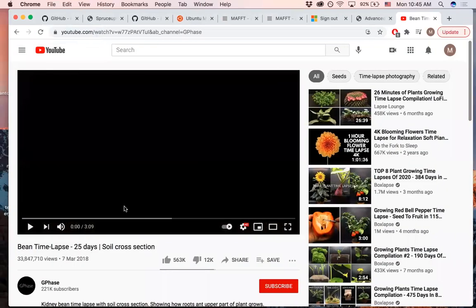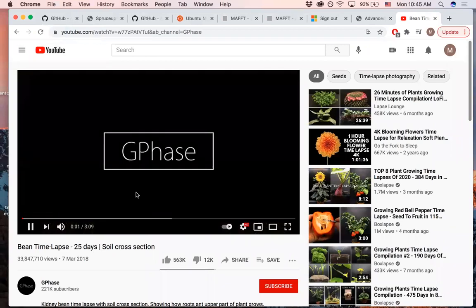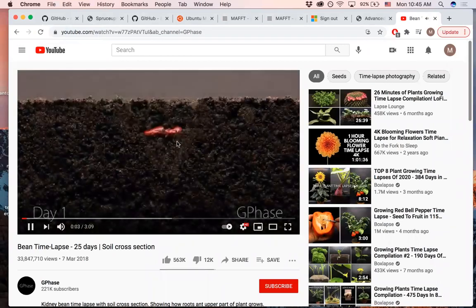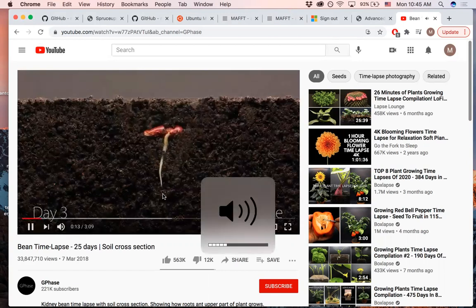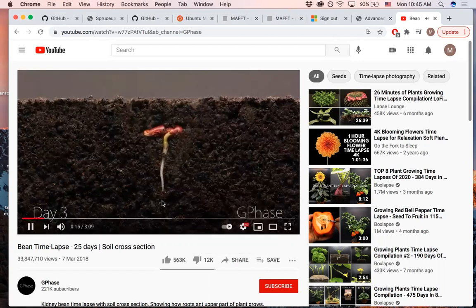I have a video of beans growing. This is just showing you how the root cap basically senses gravity. In this time lapse, you can see the root cap push its way through the dirt. There are also special cells within that root cap that detect gravity.